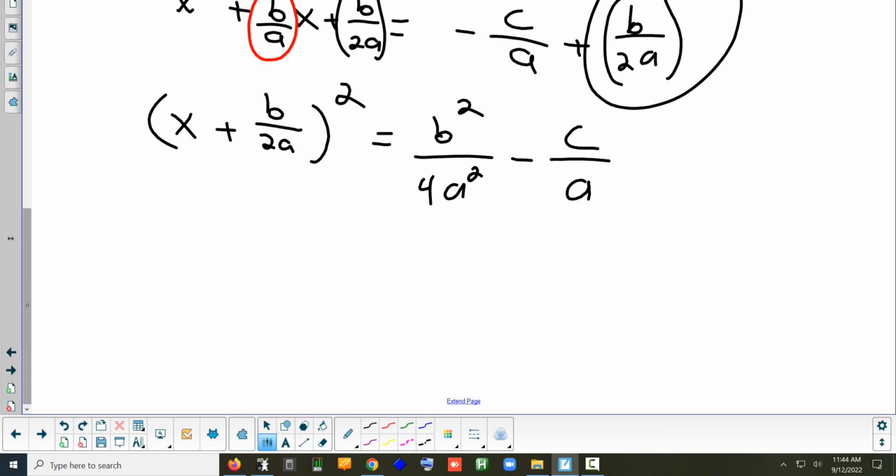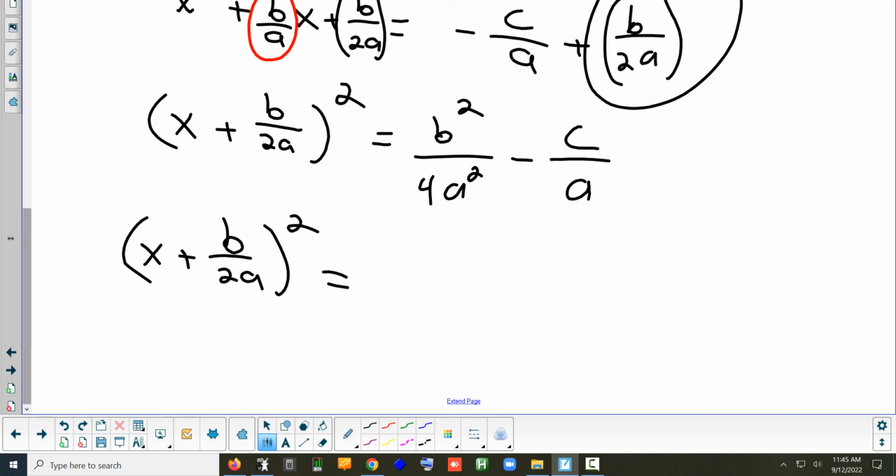Now, I will come back to that left-hand side in a second. But anybody see what I could do next? I'll give you a hint. It's on the right-hand side, so let's keep this the same. What's the only thing I could really do on the right-hand side at this step?